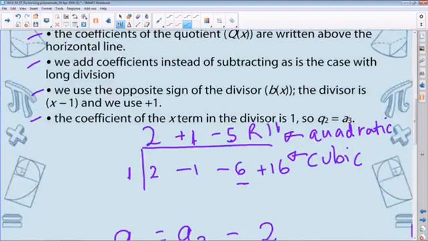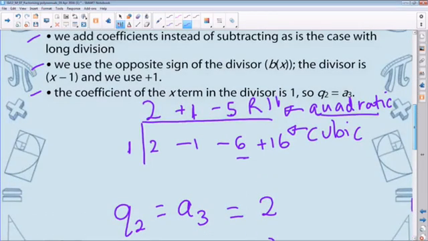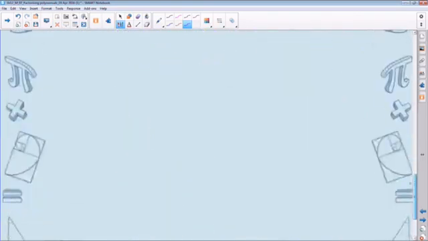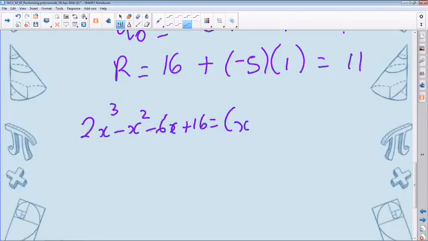So this 2, 1, minus 5, what are those? Remember, those are the coefficients of your quotient. So therefore I can now set this up like this. 2x cubed minus x squared minus 6x plus 16 is equal to x minus 1 times my quotient.